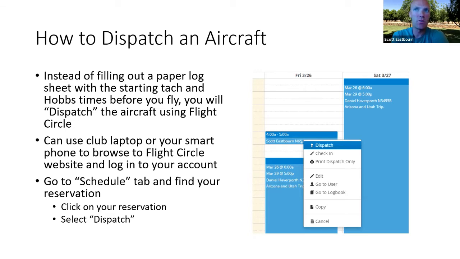When you go to the schedule and click on your reservation for that day, you'll see dispatch is the top option. So you'll click on that, and then it's going to take you in to verify some of the data before you go fly. The manual log sheets are going to disappear once we go live with Flight Circle.